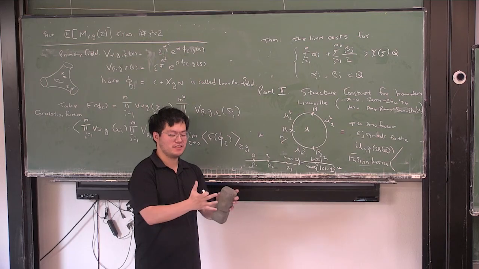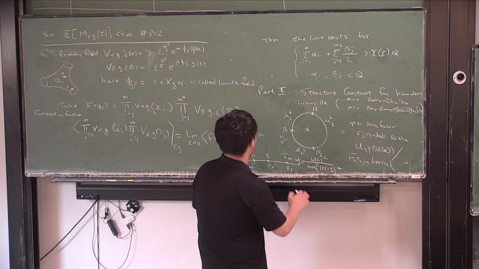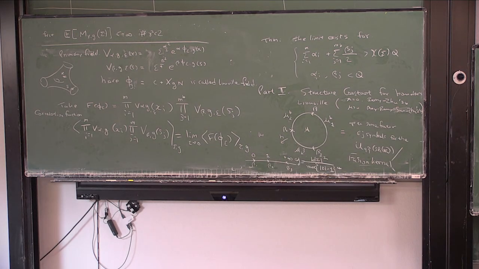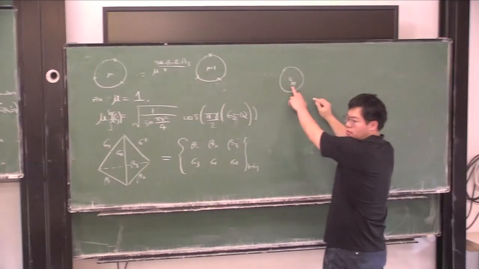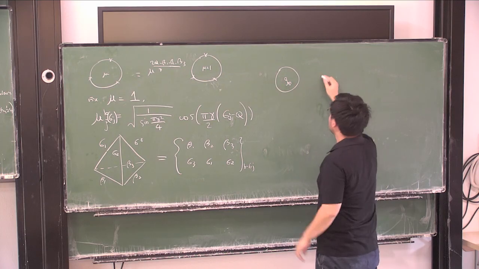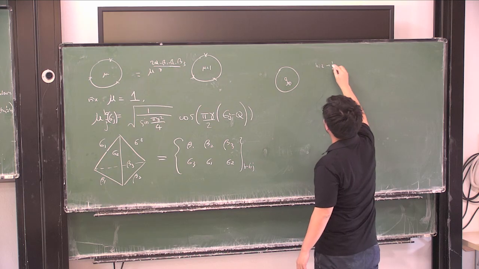So you know, if I consider this metric, it's invariant by inversion. This is the Euclidean metric on the unit disk. I use the map from H, z to 1 over z bar. I pull back this metric.